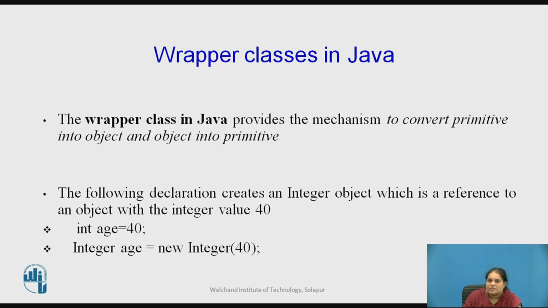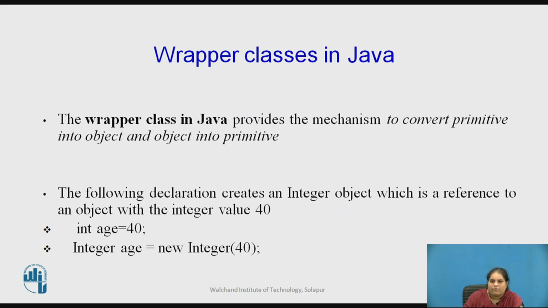Here we are just creating the object of this Integer class. Integer is my class name, followed by age, which is the object name, equal to the new keyword followed by Integer again, the class name, which acts as a constructor here, and in brackets we pass whatever value we are going to store in that particular age.